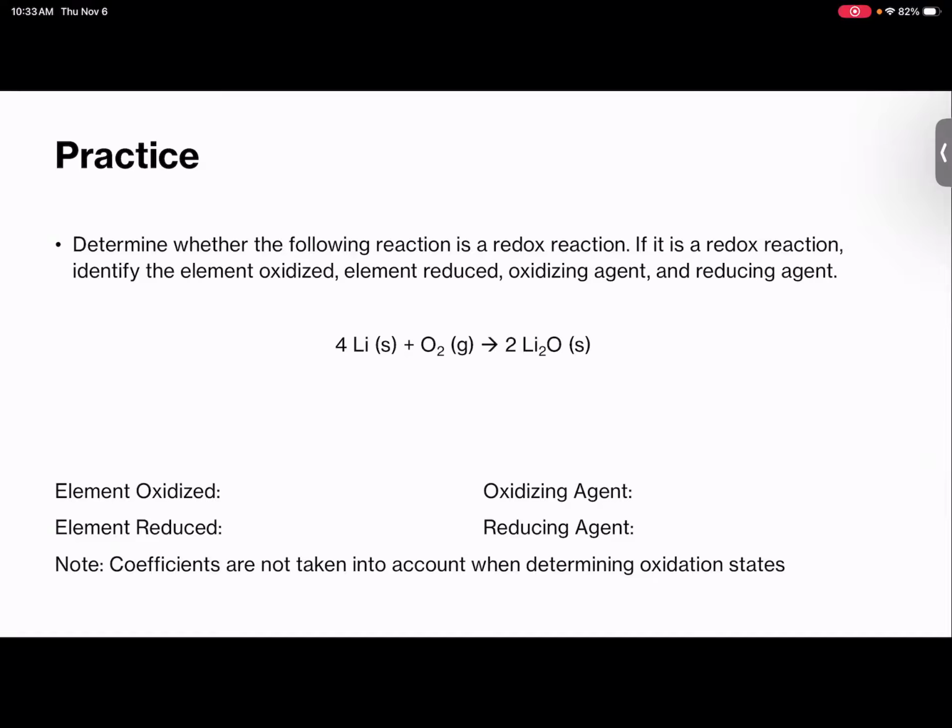Therefore, the lithium has an oxidation state of 0. The oxygen is a free element. We know it's a free element because this compound consists of only one type of element, and that compound is neutral. Therefore, oxygen has an oxidation state of 0.